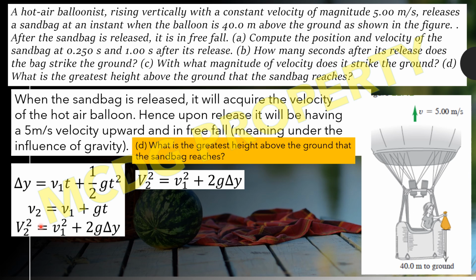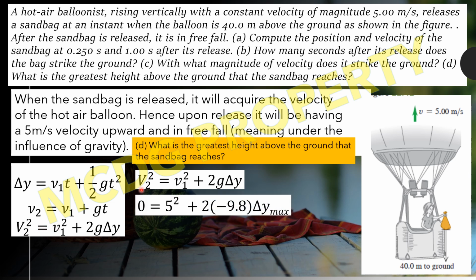So we use the third equation. We set V2 equal to 0, then V1 is 5, plus 2 times negative 9.8 times delta y. Here delta y becomes delta y max because we are getting delta y when the velocity is 0.